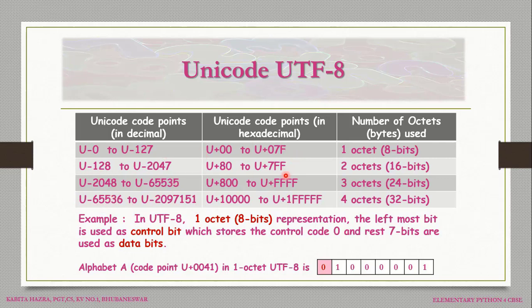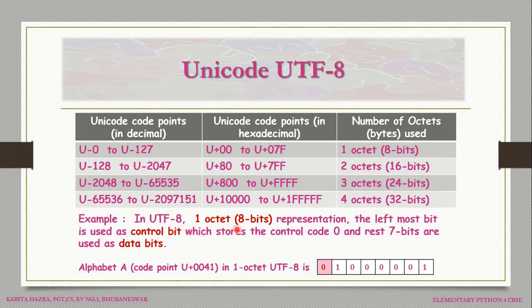In hexadecimal, they are U plus 00 to U plus 07F, which are represented using 1 octet or 8 bits, U plus 80 to U plus 7FF, which are characters represented using 2 octets or 16 bits, U plus 800 to U plus FFFF, which are characters represented using 3 octets, that means 24 bits, and U plus 10000 to U plus 1FFFF, which are characters represented using 4 octets or 32 bits.